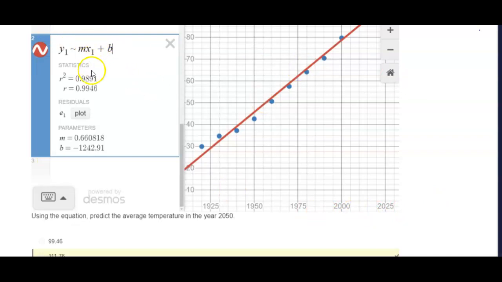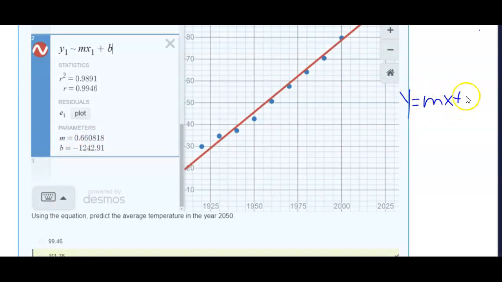So when they put the line of best fit into Desmos, it tells you that the M value is this and the B value is that. Remember, we can use that to write our equation of our line. Y equals, our slope is 0.660818, x plus b, which I totally ran out of room here. Let me just scoot it over.